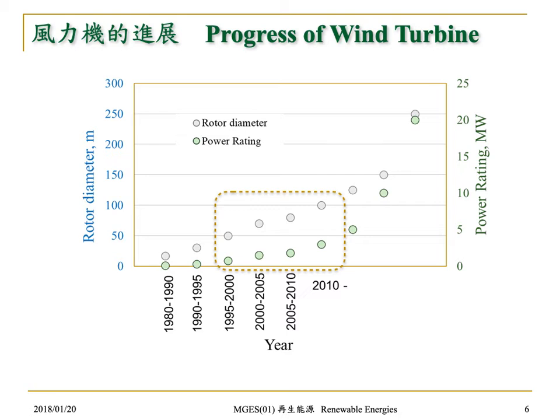So there is more engineering when you scale up to make a larger wind turbine. Also, transportation and installation become an issue for such huge equipment moving around on the land or over the sea.